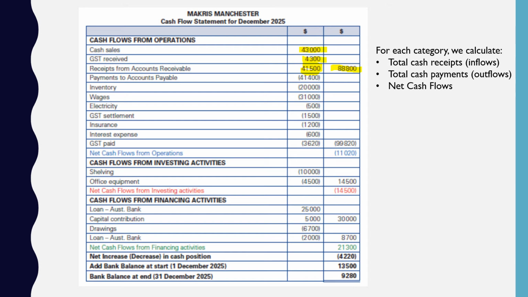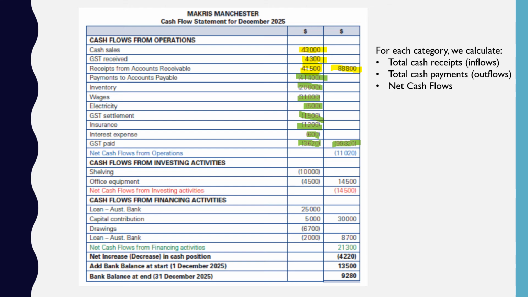Then we calculate the total cash payments, which are from payments to accounts payable, inventory purchases, wages, electricity, GST settlement, insurance, interest expense, and GST paid. And the total that we got is $99,820.